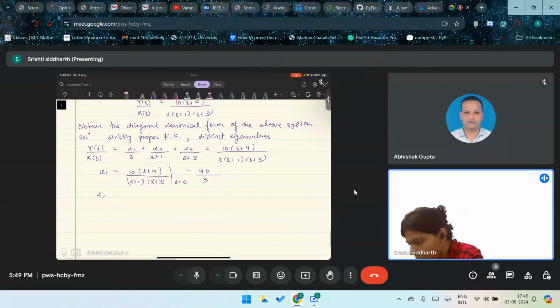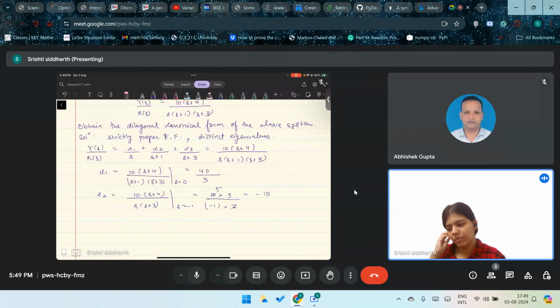C2 is going to be 10 times s plus 4 upon s plus 3 evaluated at s equals minus 1. So this is going to be 3 and then 2. Now let's compute the last constant.